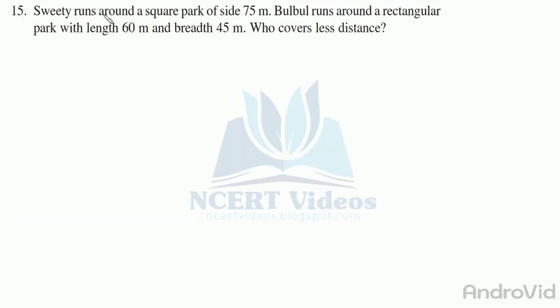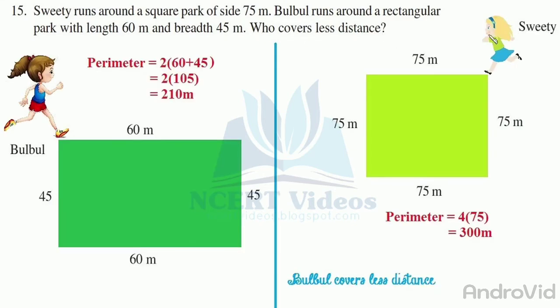15th. Sweety runs around a square park of side 75 meter. Bulbul runs around a rectangular park with length 60 meter and breadth 45 meter. Who covers less distance? So let's visualize it.